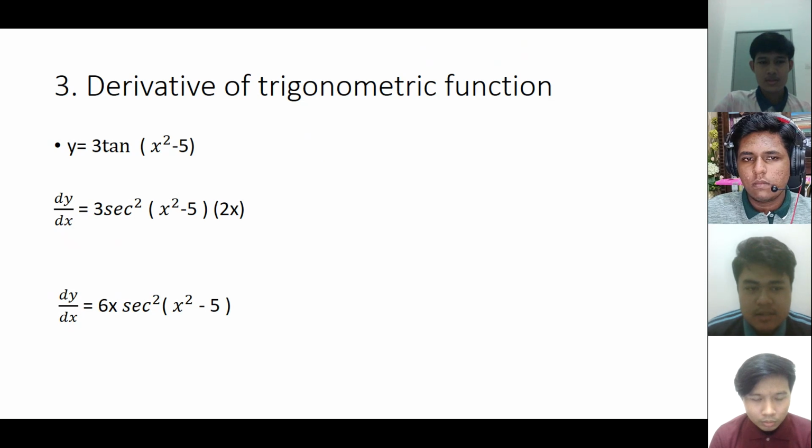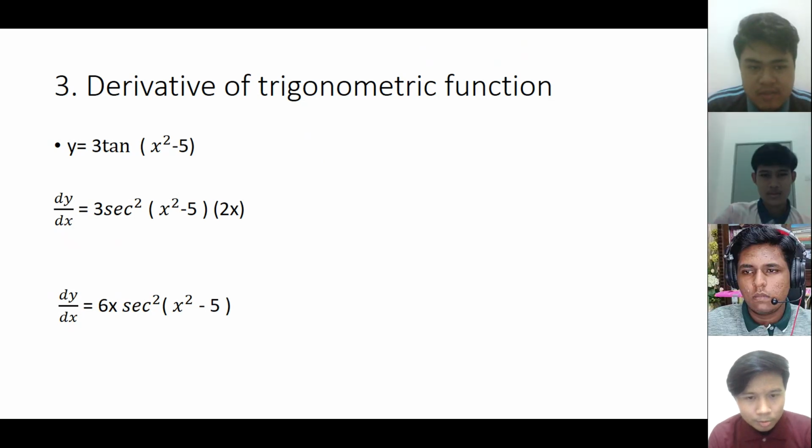The third question is the derivative of a trigonometric function. So we got y equal to 3 tan bracket x squared minus 5.